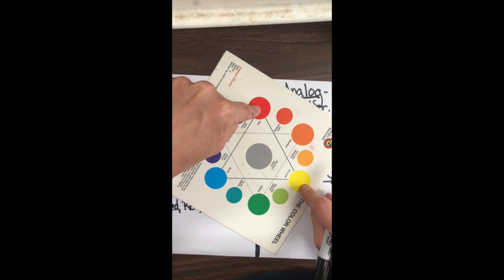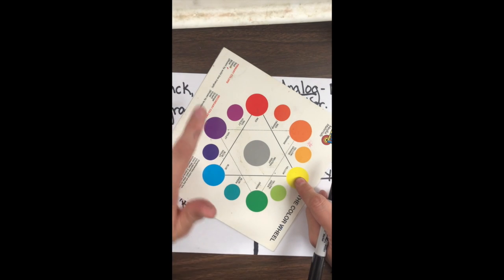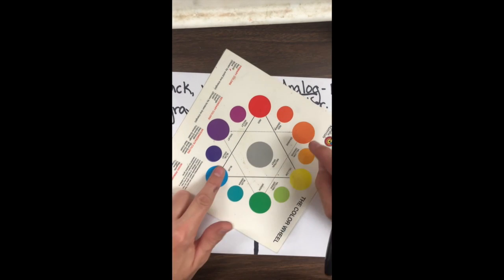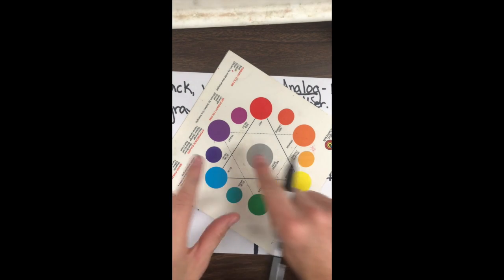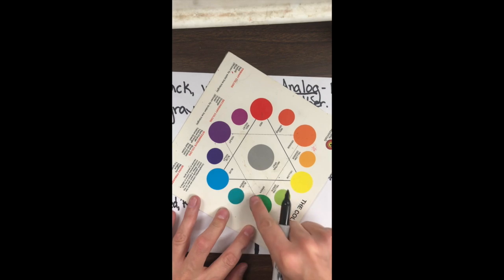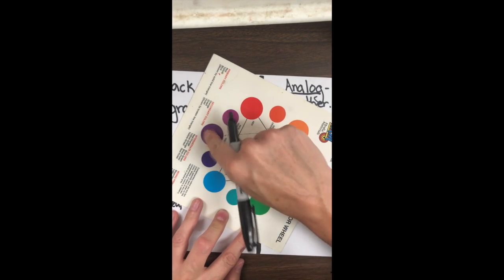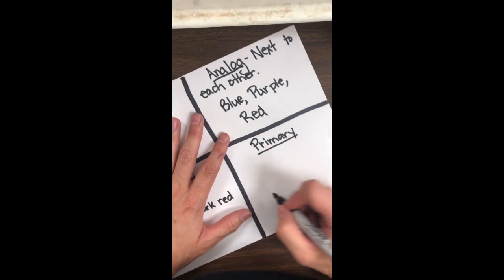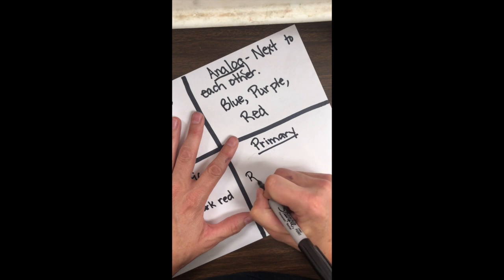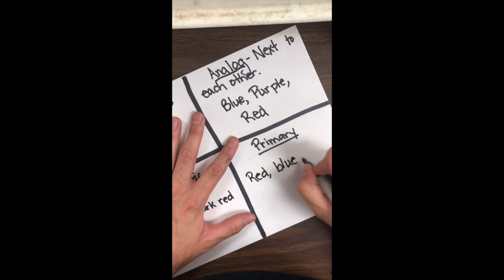So when I mix red and yellow, I get orange. When I mix yellow and blue, I get green. And when I mix blue and red, I get purple or violet. So the dashed lines are your secondary colors, orange, green, and purple. But I'm picking primary. You can pick whichever one you want. So I'm going to do red, blue, and yellow.